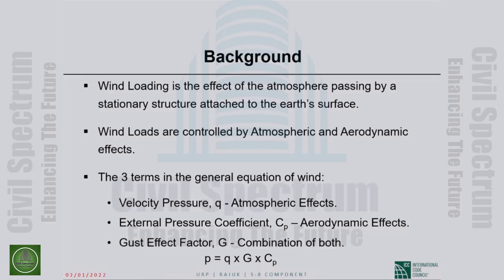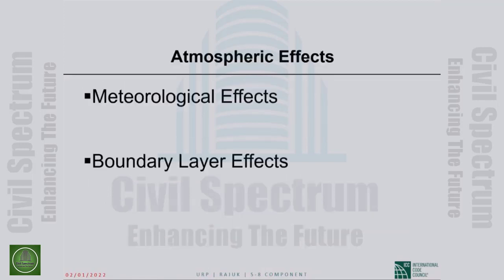The atmosphere does not play any role. G, on the other hand, the gust effect factor, is a combination of both. It is affected by atmospheric effects as well as aerodynamic effects. When we say atmospheric effects, that has two aspects to it: meteorological effects and boundary layer effects.